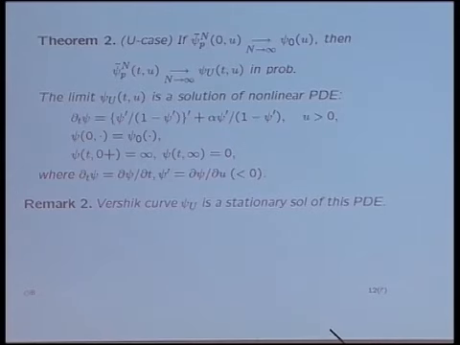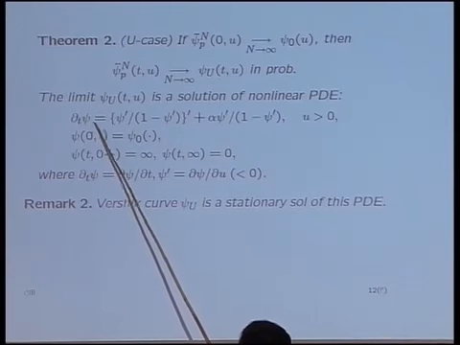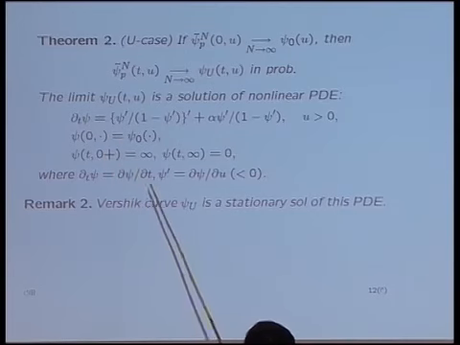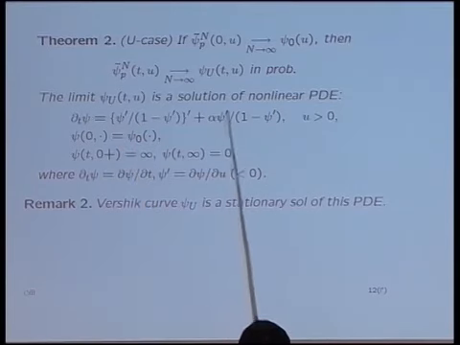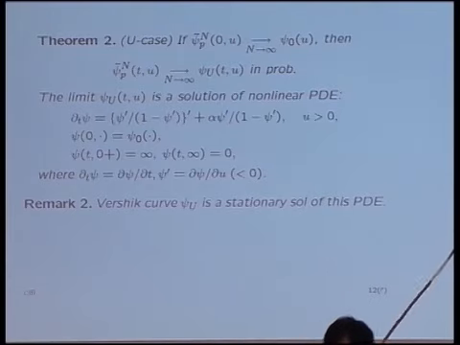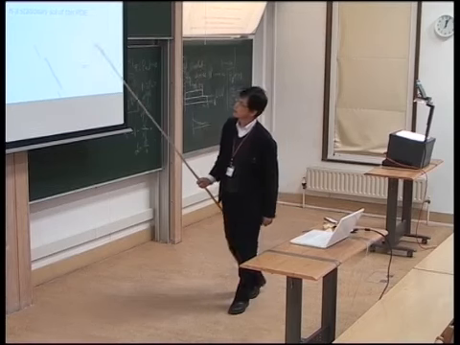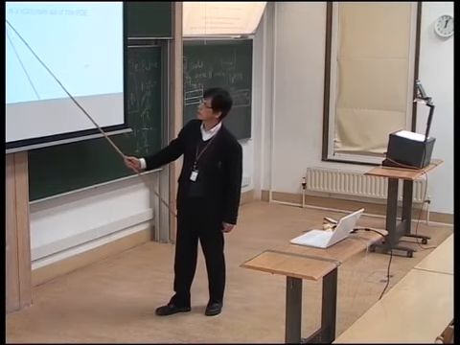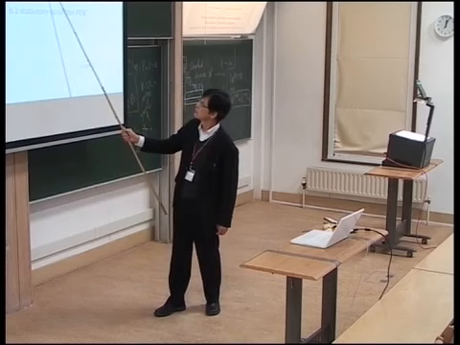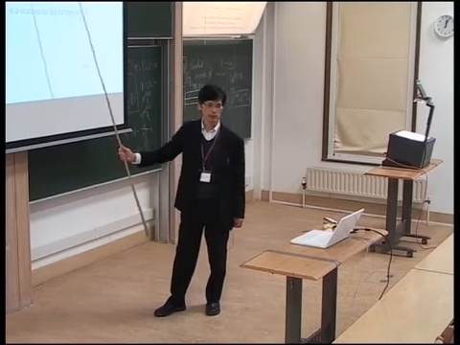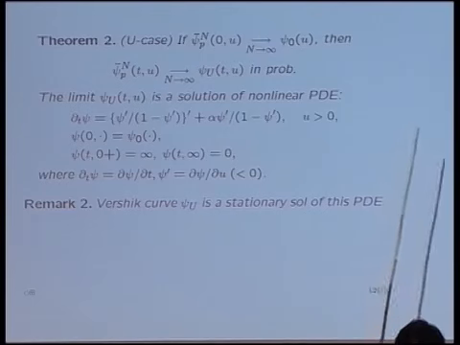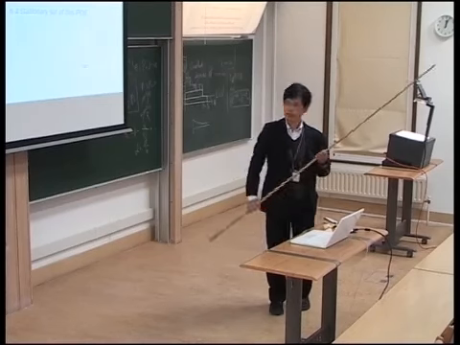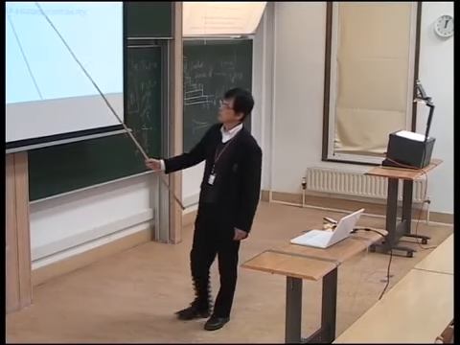Then you get this kind of equation. And as I said at the beginning of my talk, as time t goes to infinity in this equation, the solution converges to the solution where the right-hand side becomes 0. Then you can check easily that the Vershik curve satisfies the equation with the right-hand side equal to 0, and also such a solution is unique.